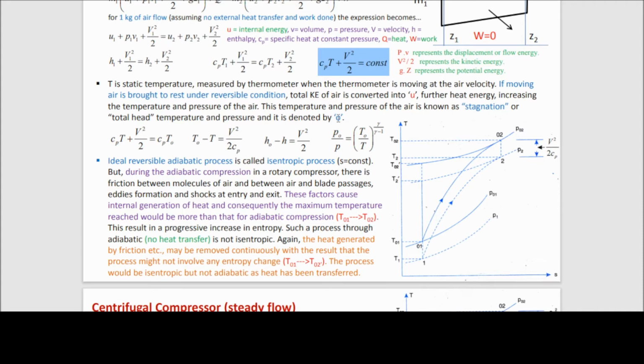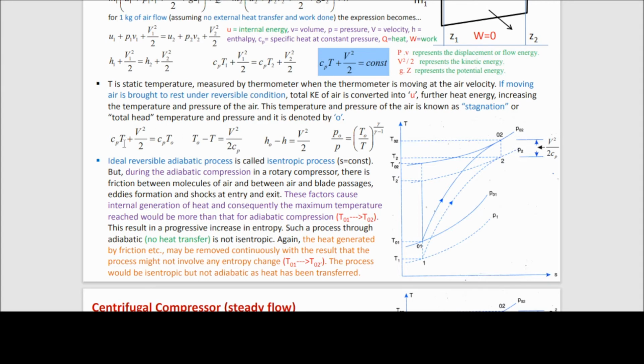The flowing fluid is brought to rest, so the kinetic energy that is there already will be converted into its internal energy, or it increases its temperature, and that temperature is denoted by T0.